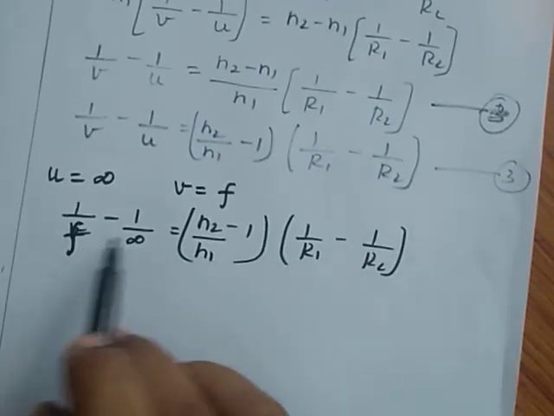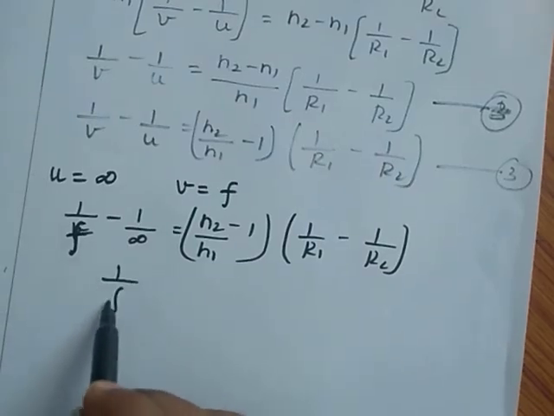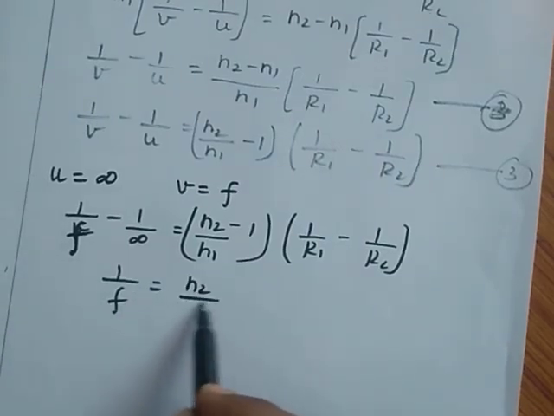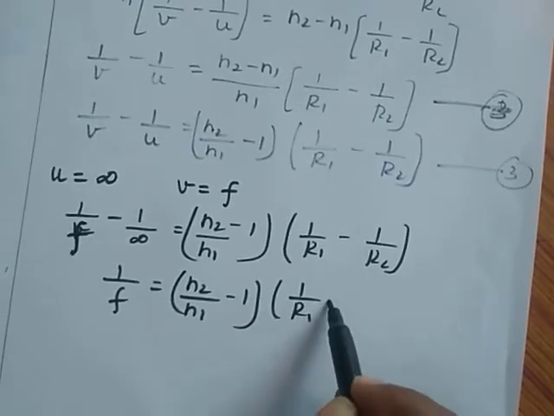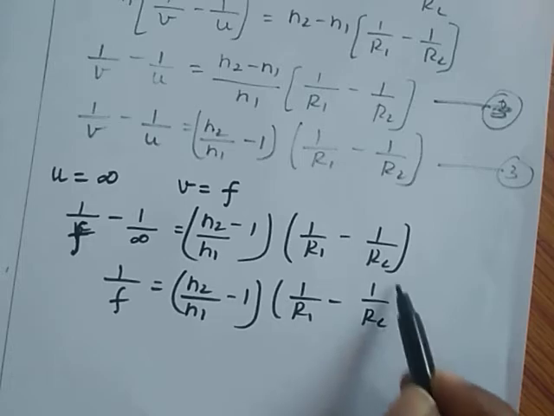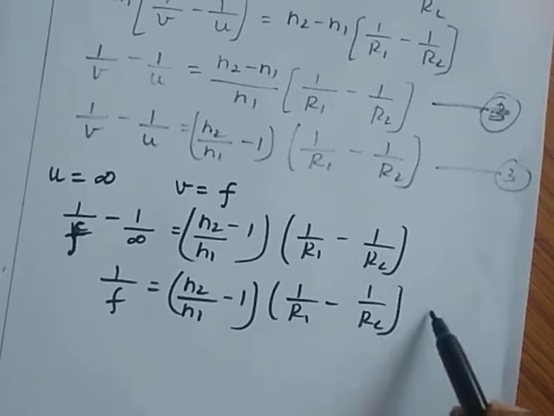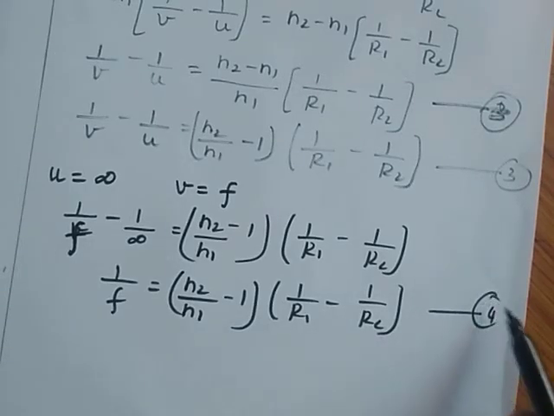On solving this, we get 1 by f equals (n2 by n1 minus 1) times (1 by r1 minus 1 by r2). This is equation number 4.